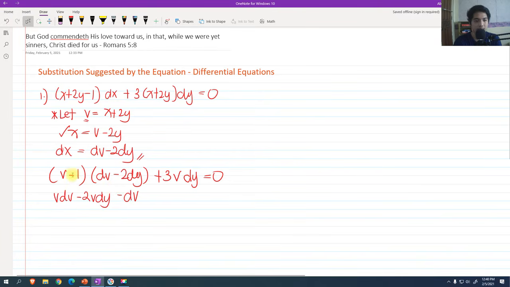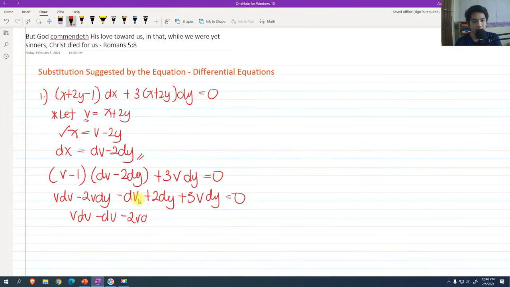And finally, the last, negative 1 times negative 2 dy, that's positive 2 dy, plus 3v dy equals 0. Simplifying terms, we have v dv minus dv, and we have negative 2v dy plus 2 dy plus 3v dy equals 0.